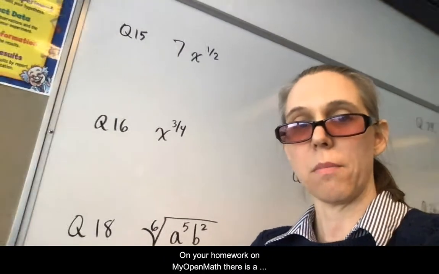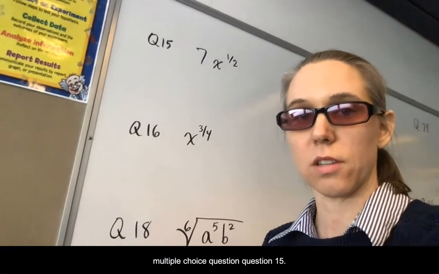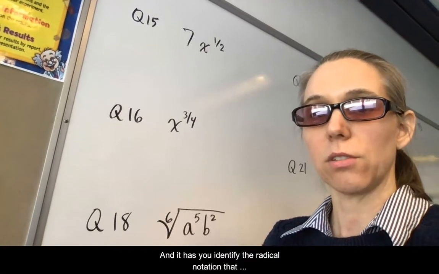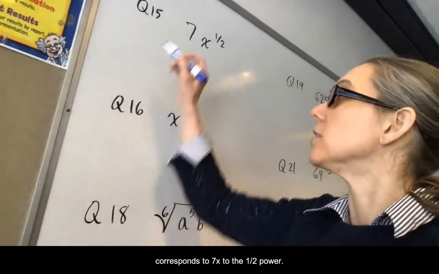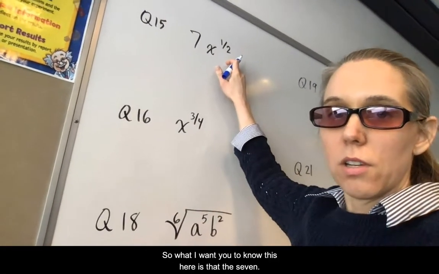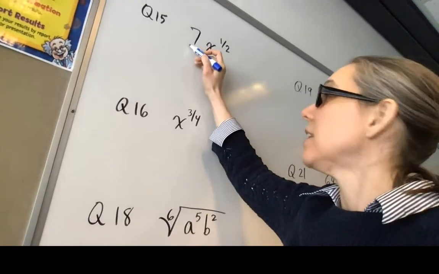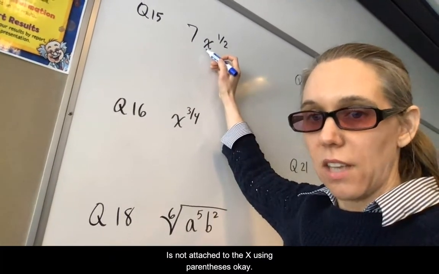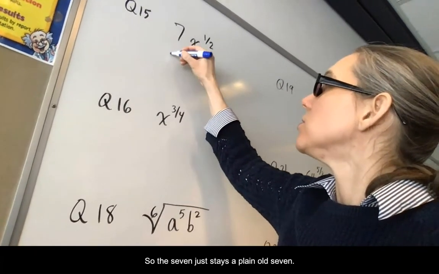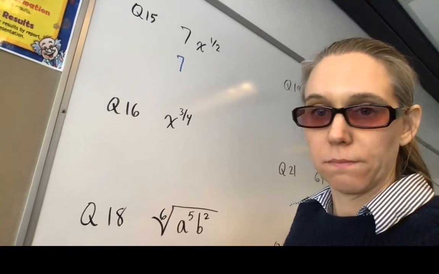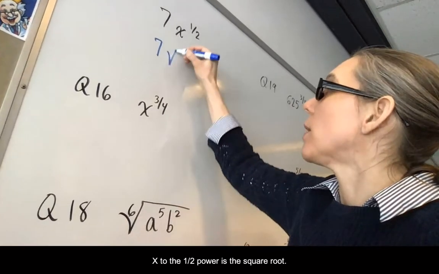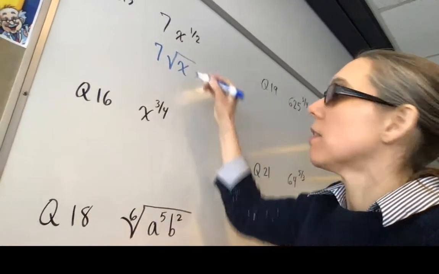On your homework on MyOpenMath, there is a multiple choice question, question 15. It has you identify the radical notation that corresponds to 7x to the 1/2 power. What I want you to notice here is that the 7 is not attached to the x using parentheses, so the 7 just stays a plain old 7. But x to the 1/2 power is the square root of x.